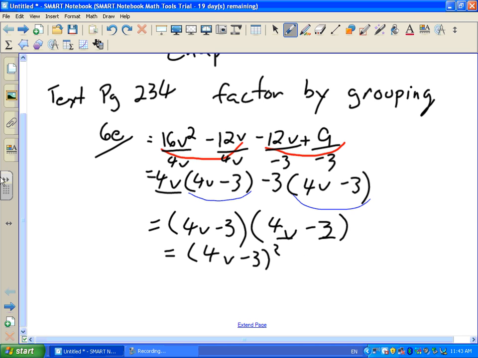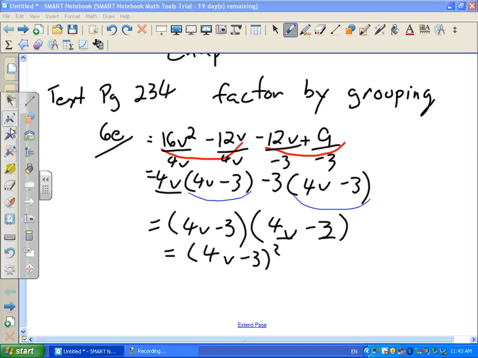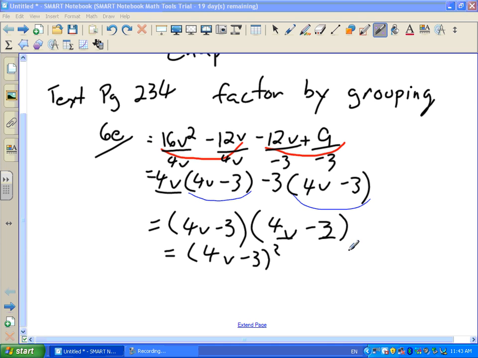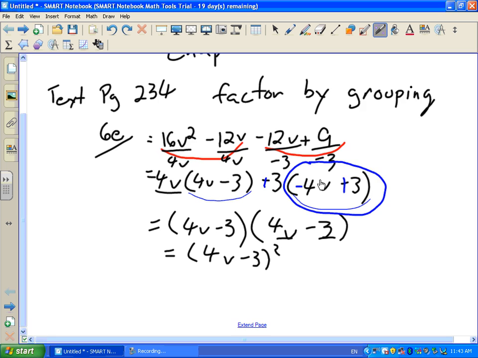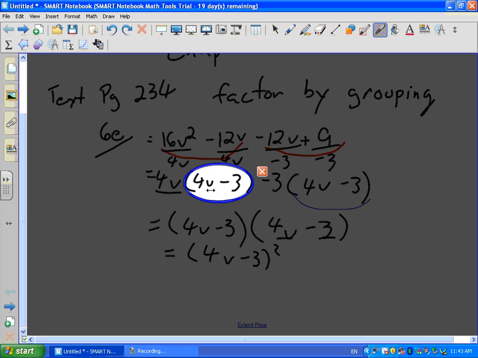I want to just talk about this one part up here. Because I have factored many times over my life, I was able to notice that I needed to take out negative 3. If we had taken out positive 3, that would have left it like this. And this bracket, that bracket there, we had negative 4v plus 3, would have been different from this one, positive 4v minus 3.